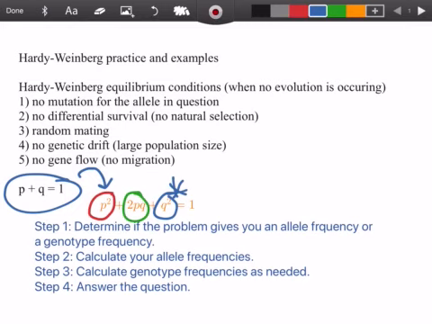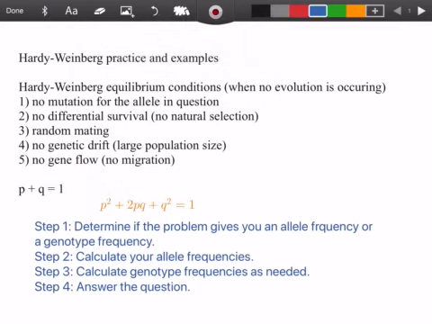Now, all of this is equal to 1 because this is a frequency. So when we use this Hardy-Weinberg equation, we're going to follow a set of specific steps. The first one, and the most important one for getting you started off correctly, is to determine if the problem gives you an allele frequency or a genotype frequency.